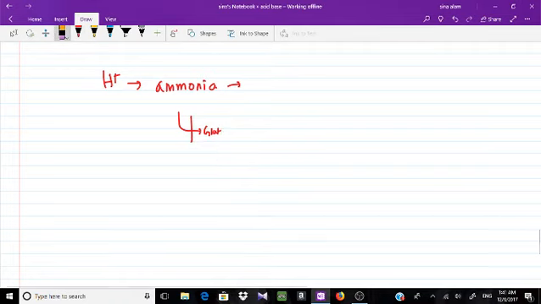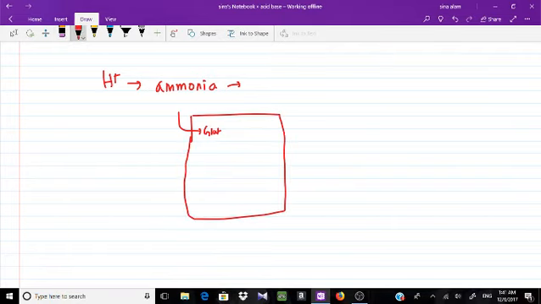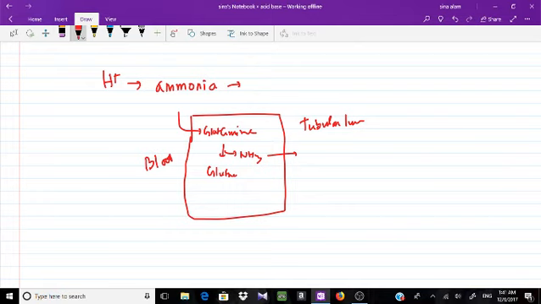Let's make it larger. So this glutamine comes inside the kidney cell, and this glutamine converts into glutamate, and when it converts, there is release of ammonia, and this ammonia goes into the tubular lumen, and this is the blood side, right? Now this glutamate eventually converts into, I think it gives rise to carbon dioxide, because this is amino acid metabolism.